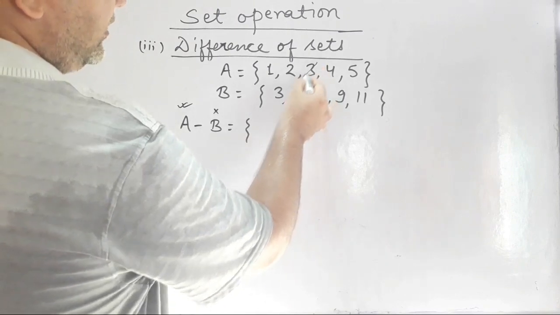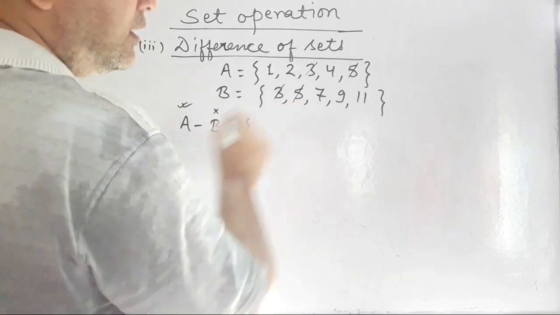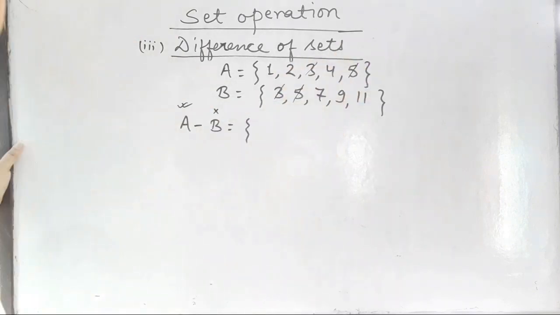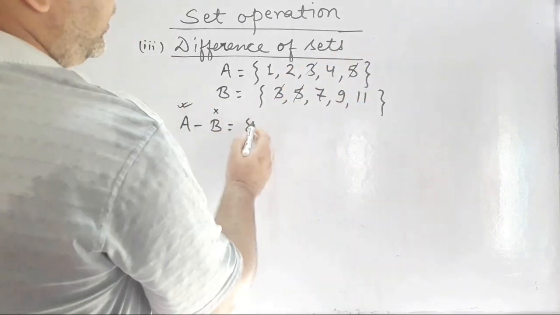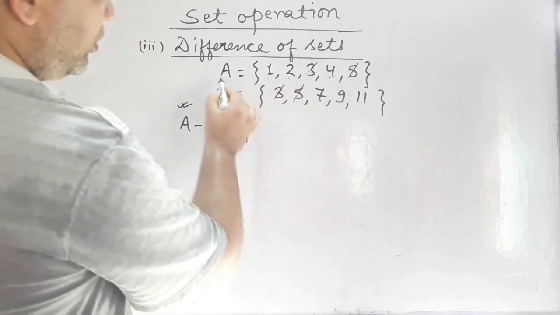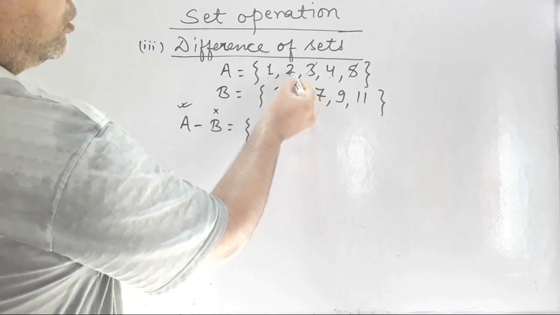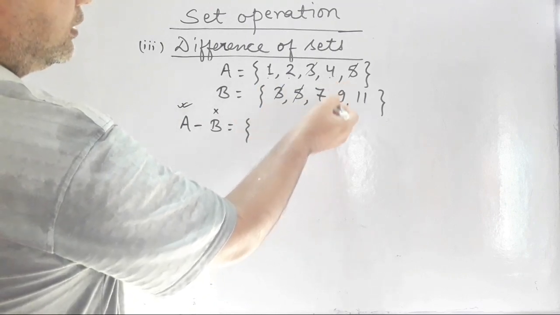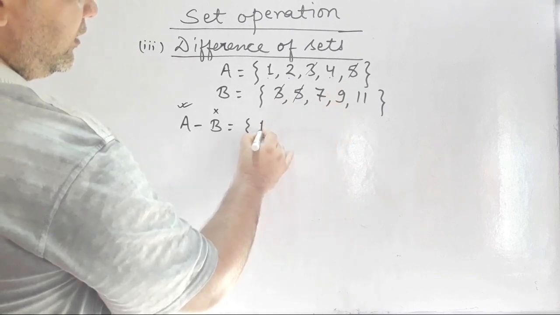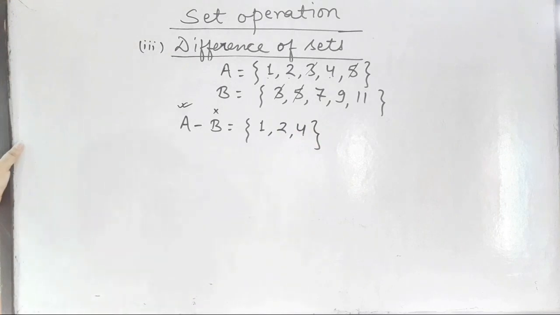Let's cancel 3 and 5, but actually we will not cancel them here; we shall cancel in mind. So the elements 1, 2 and 4 belong to only A. We can see that 1 does not belong to B, 2 does not belong to B and 4 does not belong to B. So we shall list here the elements 1, 2 and 4.